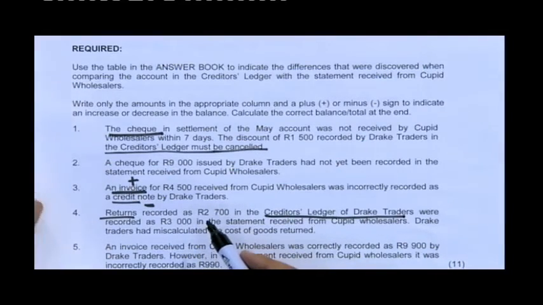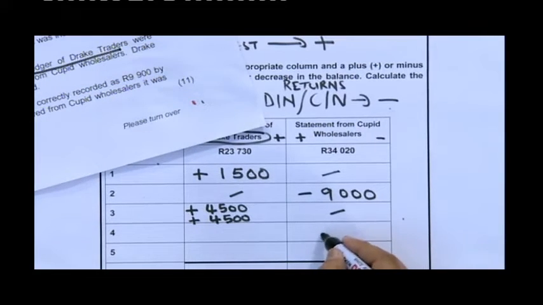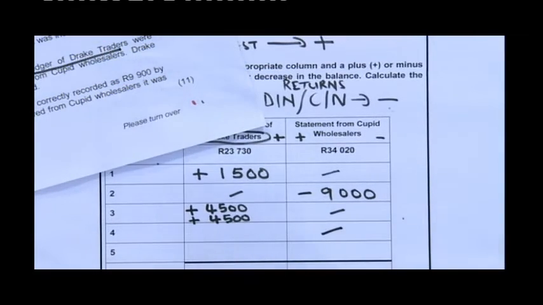In other words, what happened was we minused 2,700 earlier, and on the statement it shows a minus of 3,000. So for now the statement is correct, so there's no entry on the statement. We minused 2,700 instead of minusing 3,000.